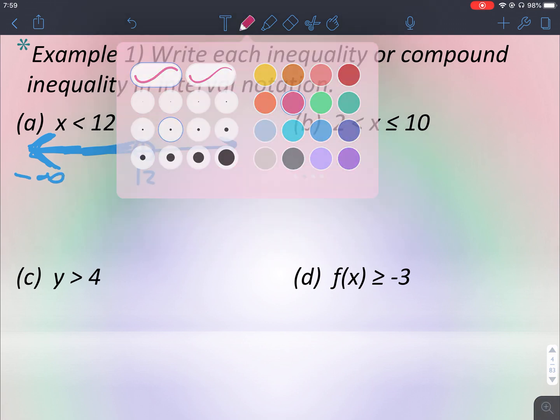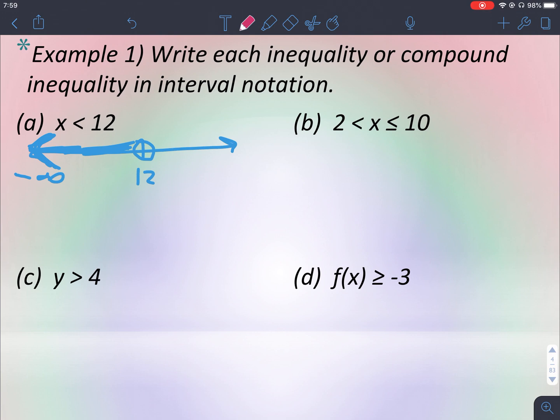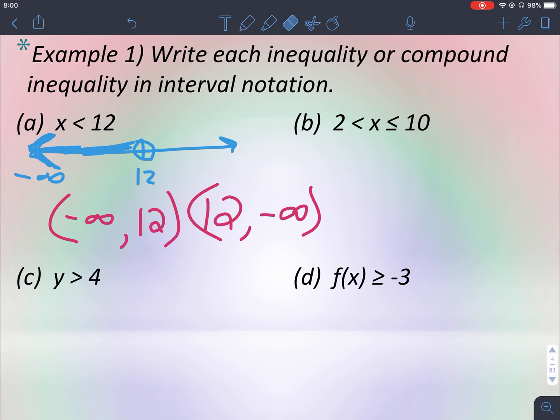So now in interval notation, I'm going to write 12, but it's going to be on the right side of my solution because the number line goes to the left. That's where the negative infinity is. So we are always going to write the interval notation in order. Okay, we don't want to write 12 comma negative infinity because that is the wrong direction of the writing.